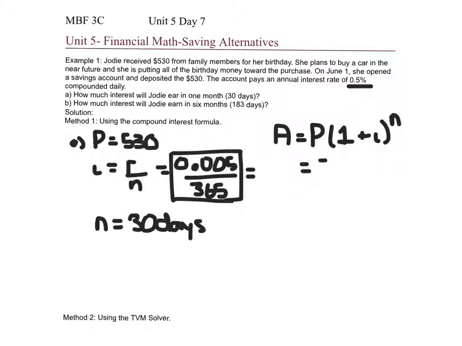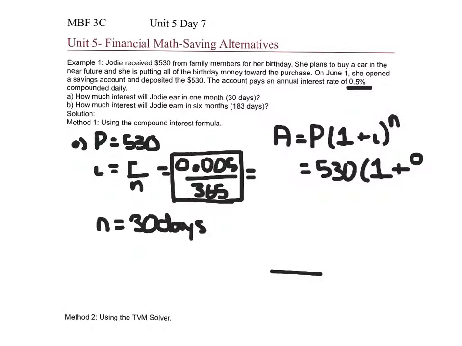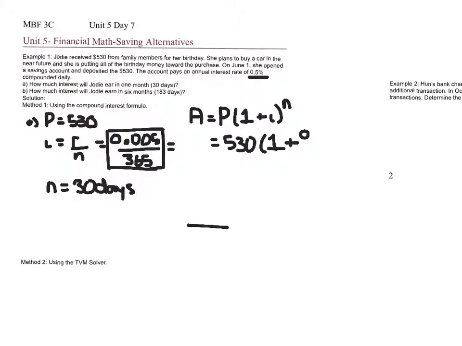So we get 530 times 1 plus, just because this is such a large number, if you keep it in a fraction, when you go to do the work, it'll come up as a better number, to the power of 30. So again, you start within the bracket, solve here, then go to the exponent, and then you would multiply by 530.